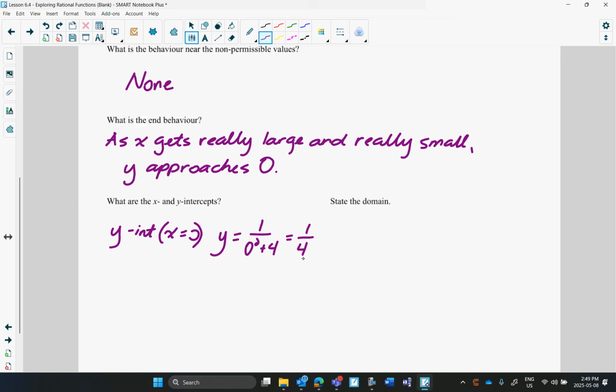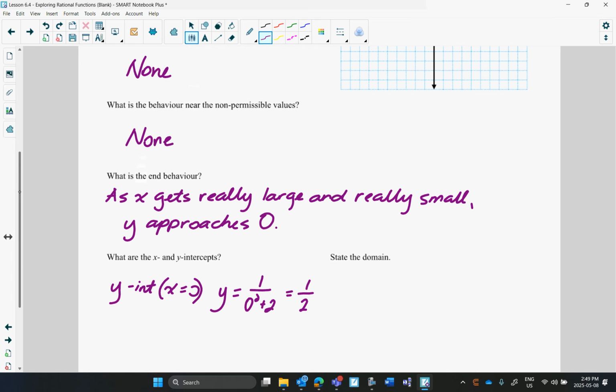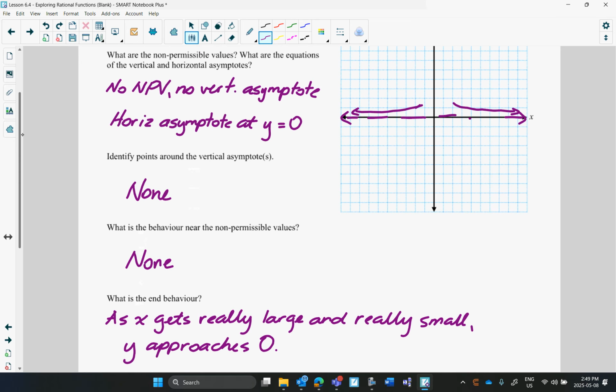So it's 0 squared. Oh, so it's a half. So it's actually down here. So what's it going to look like? I have to erase part of this. It's almost going to look flat.